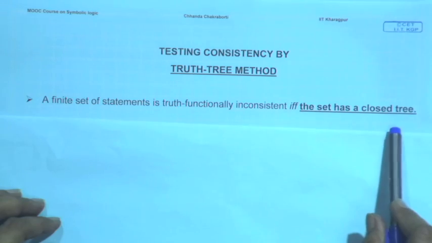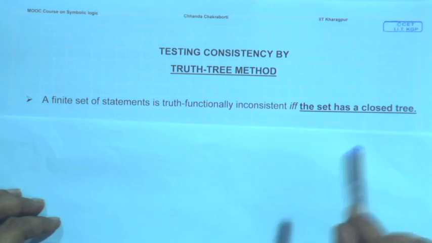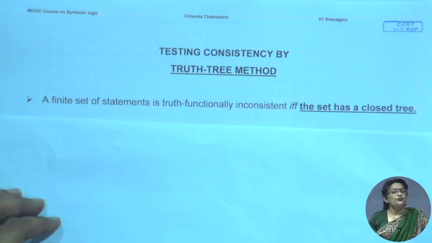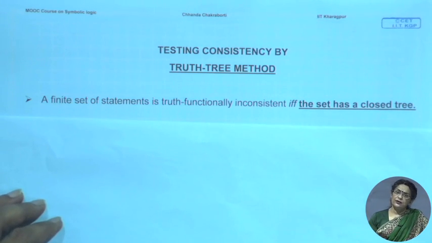So, there is not even one possibility where you will find the truth conditions for the members of that set of propositions to be true at the same time. This is what we are saying when we say the set is going to have a closed tree.